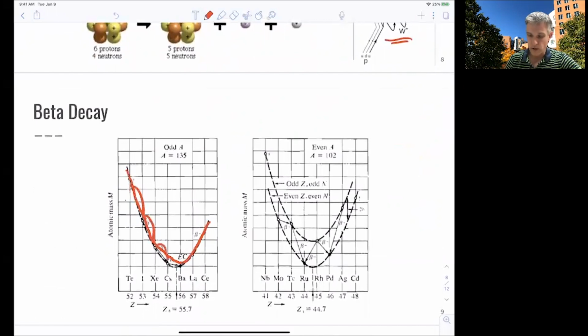For A even, we have the question whether Z and N are odd or Z and N are even. So you have two quadratic functions here, and you find the beta decay between one and the other.